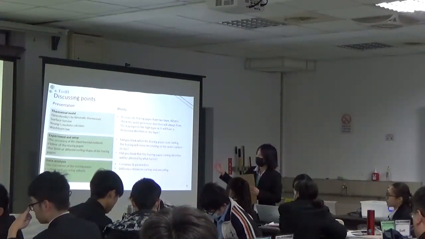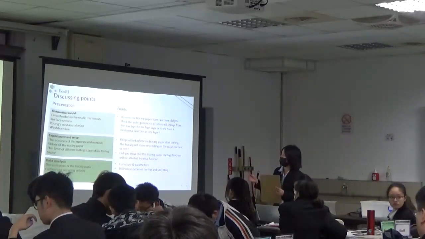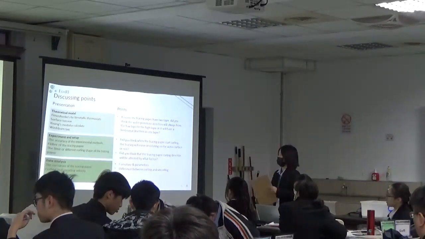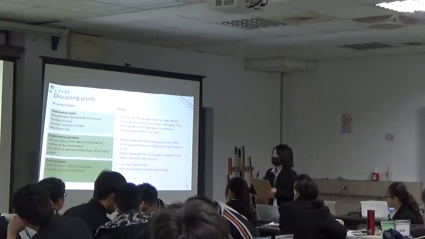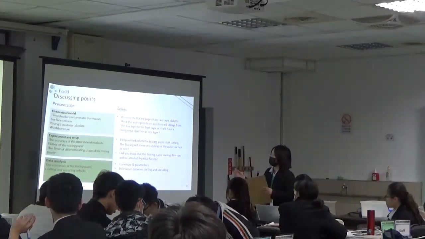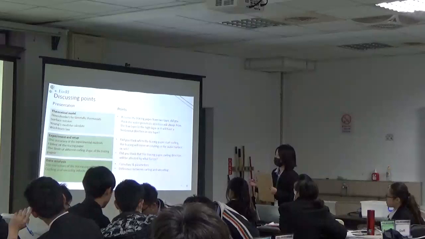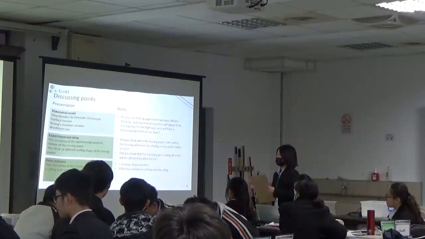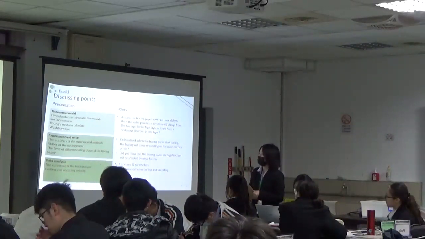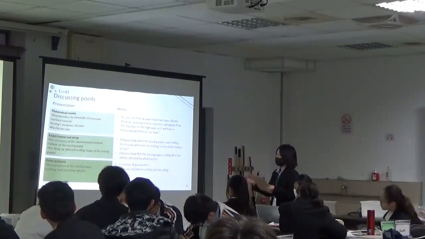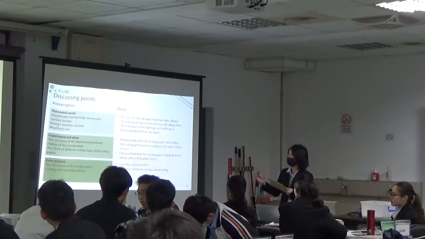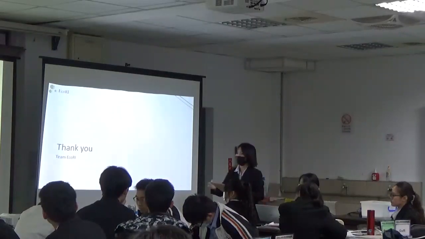For the experiment and setup part, I want to discuss whether, when the tracing paper starts curling, it will move or rotate on the water surface or not, and if it will move or rotate, what is the reason for that. And what factor do you think affects the tracing paper curling direction, like the fiber direction or something else? For the data analysis part, I want to ask about the curvature and parameters relationship and the difference between the curling and uncurling velocity. And now I want to invite the reporters to discuss.